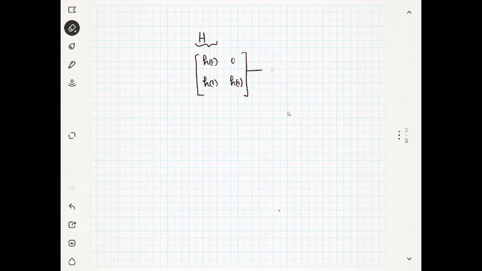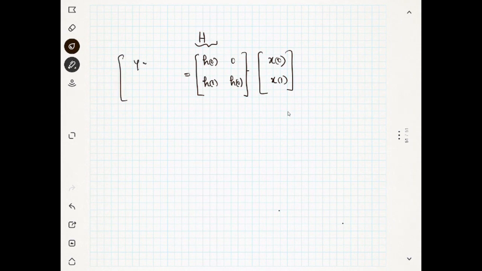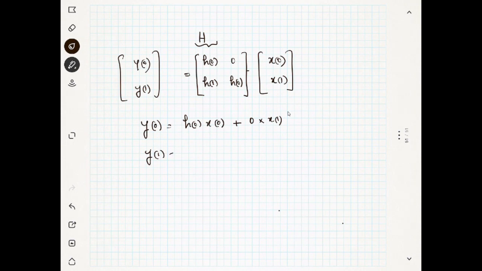And sorry, I will put here my x0 and x1. Then what will be my y0? This will be y0 and this is y1. Please tell me the equation for y0. Just forget about the numbers. For this example, h0 into x0 plus 0 multiplication, and y of 1 is h1 into x1 plus h0 into x1.